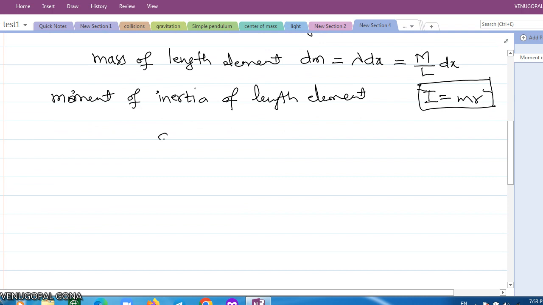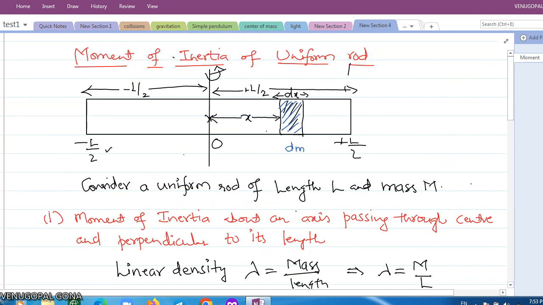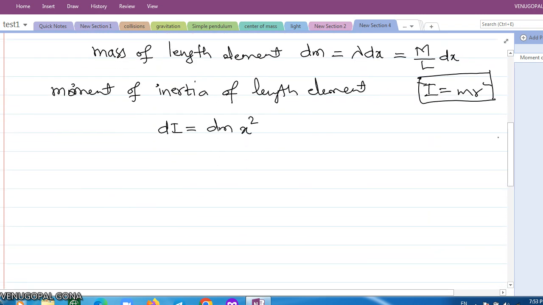In this case, as we are choosing a small length element, I am writing dI, its mass is dm and distance is x, so I am writing x square. You can see from the figure also, the distance is x here and mass is dm, so dI equal to dm x square.